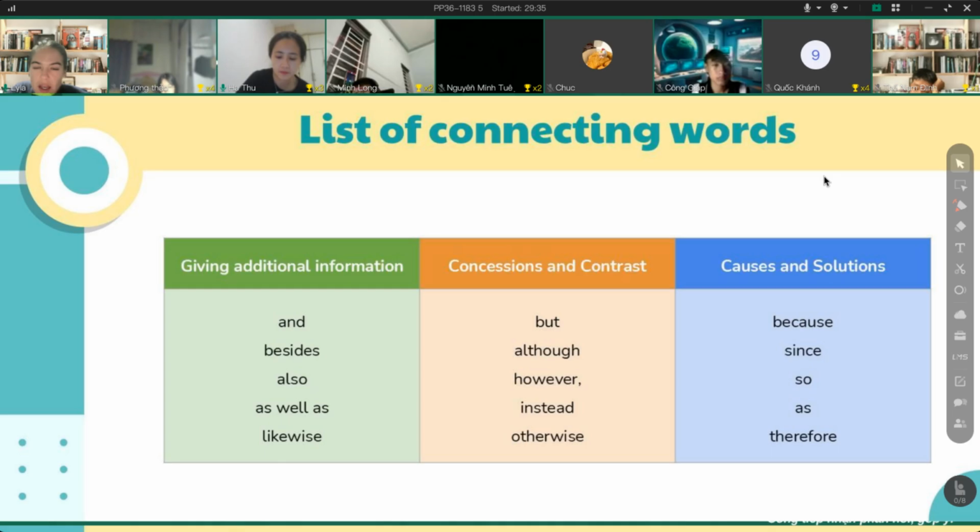Next we have concessions and contrast: but, although, however, instead, and otherwise. Lastly, we have causes and solutions: because, since, so, as, and therefore. We are showing you these so that you have some ideas of different connecting words in different situations, okay?